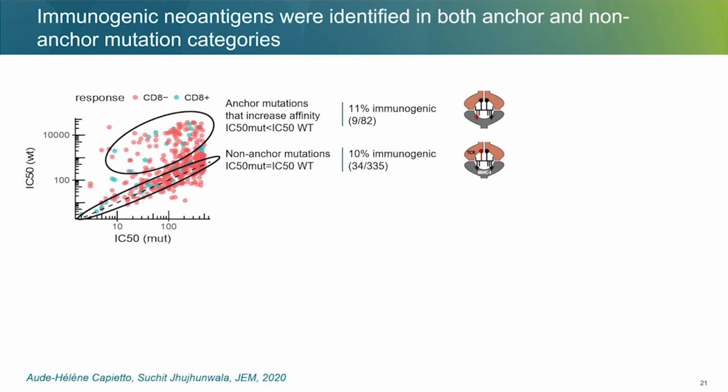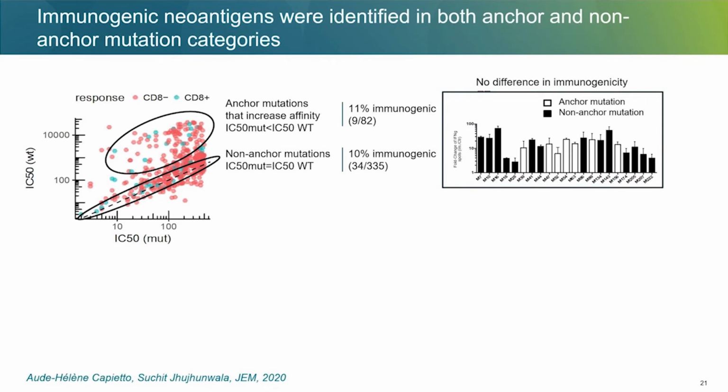What is interesting to see here is that we have about the same frequency for both types of mutations. About 10% of these predicted immunogenic mutations are actually eliciting an immune response. But we have way more mutations that are at non-anchor residues simply because most peptides have only 2, maybe 3 out of 10 amino acids which are actually anchor residues. So mutations that are at non-anchor residues also play an important role.